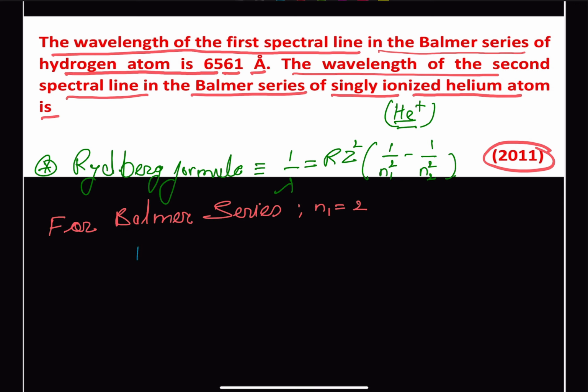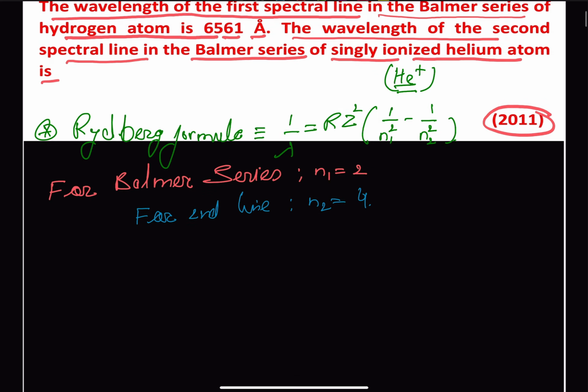And the value of Z for He positive, for helium 1 positive, the atomic number, that is value of Z will be equal to 2.